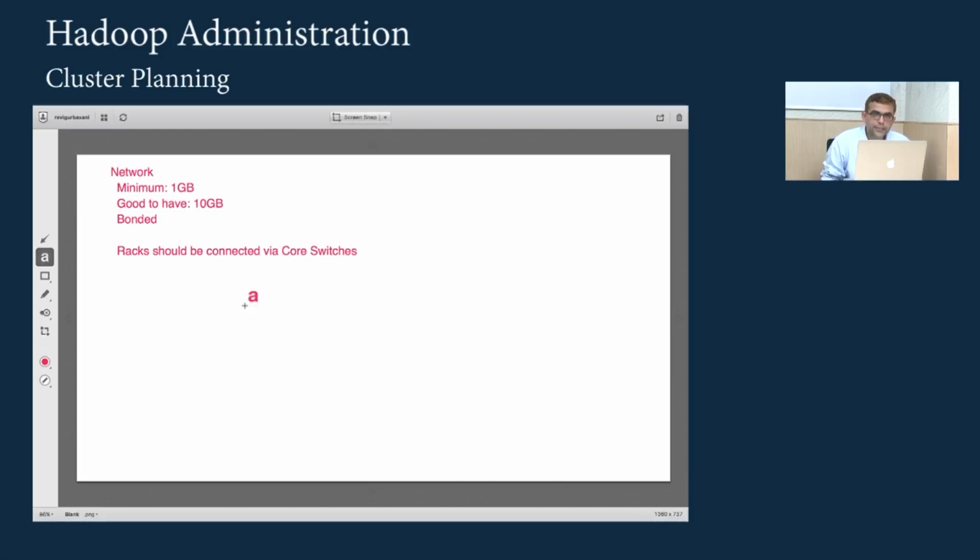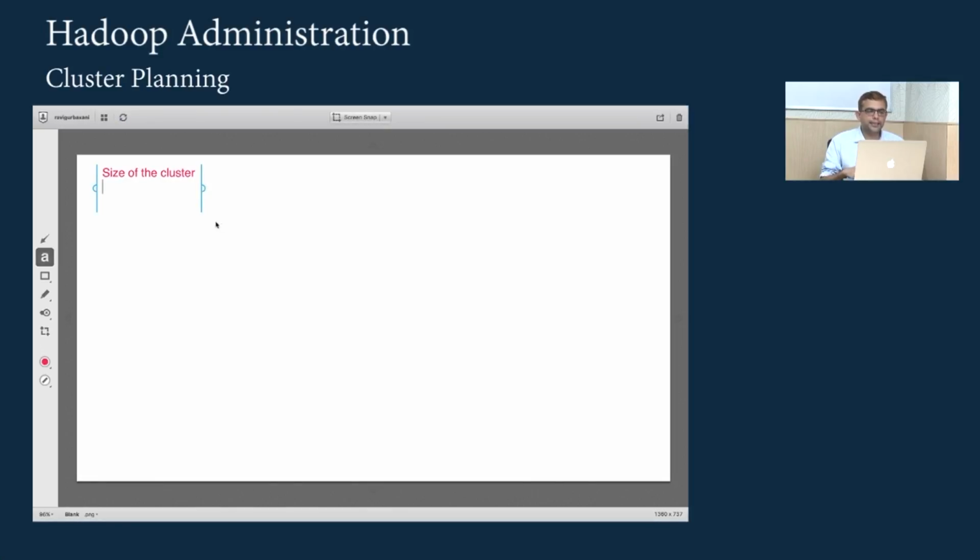So that kind of brings us to the end of the cluster planning part. Let's quickly understand the entire flow of it. If a new project has to start for a customer, the first question would be what should be the size of the cluster, and we've seen that in this particular session. We've seen how to plan for 1 year or 2 years.